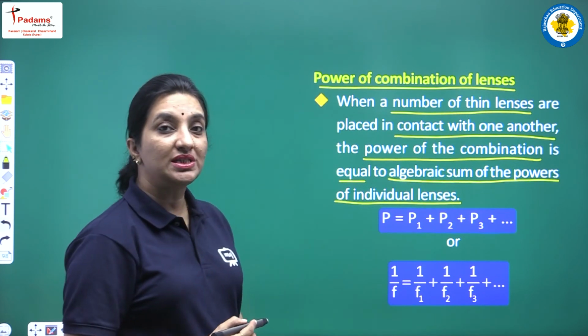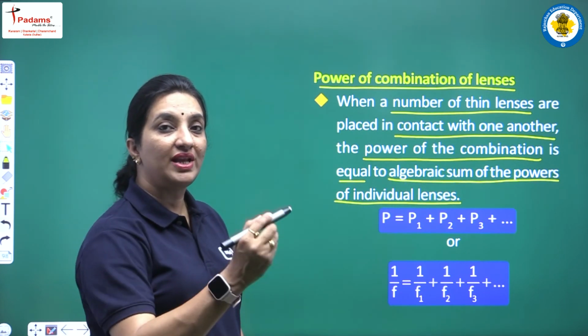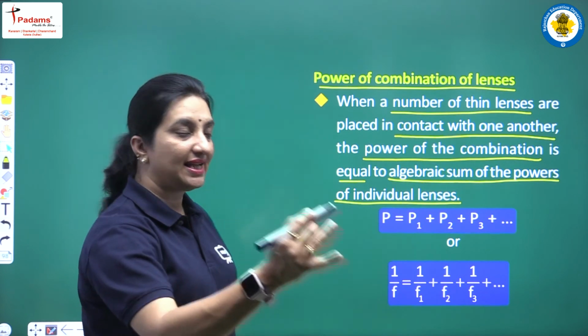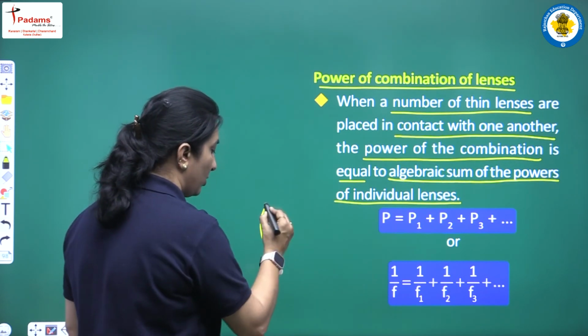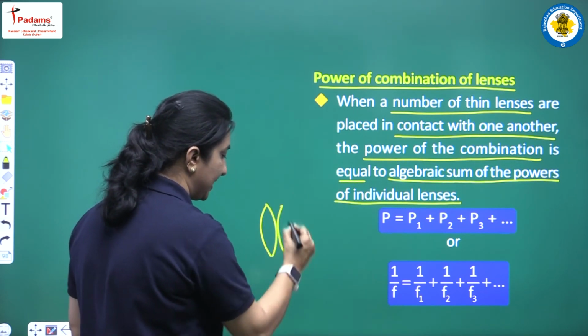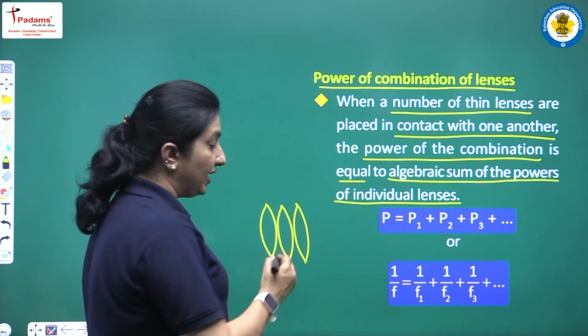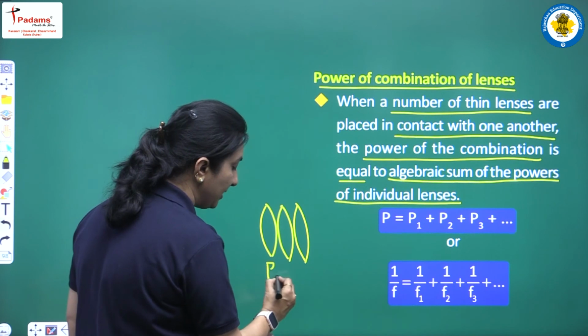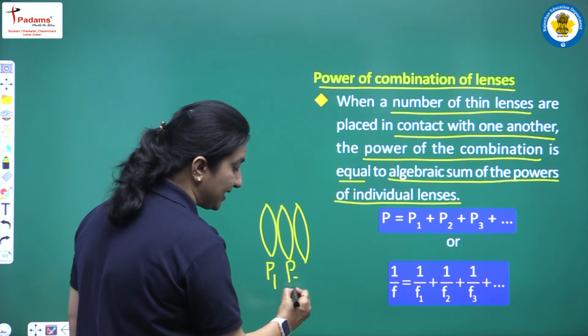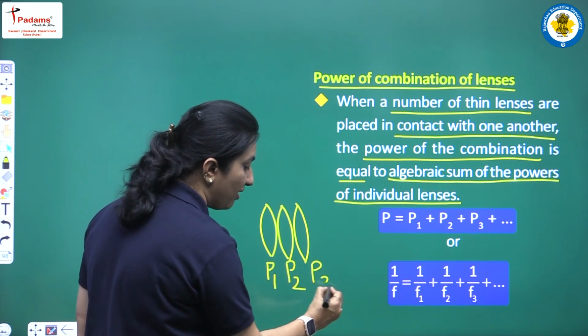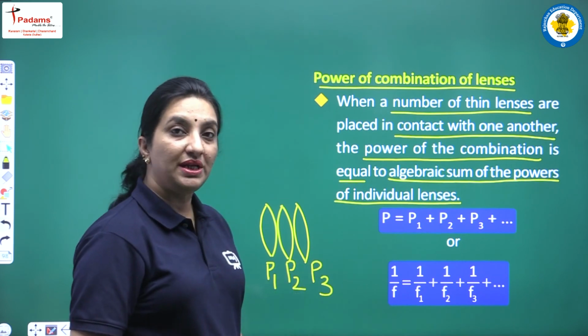Now suppose, students, we have a number of lenses kept side by side. That is, we can have one lens, the second lens, the third lens, and so on. Let the power of the first lens be P1, power of the second lens be P2, and power of the third lens be P3.